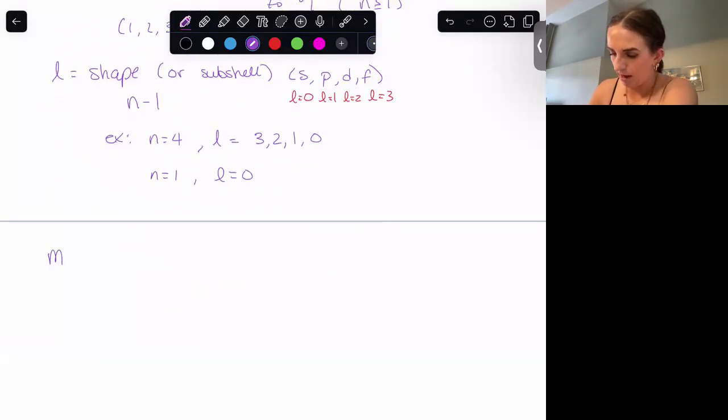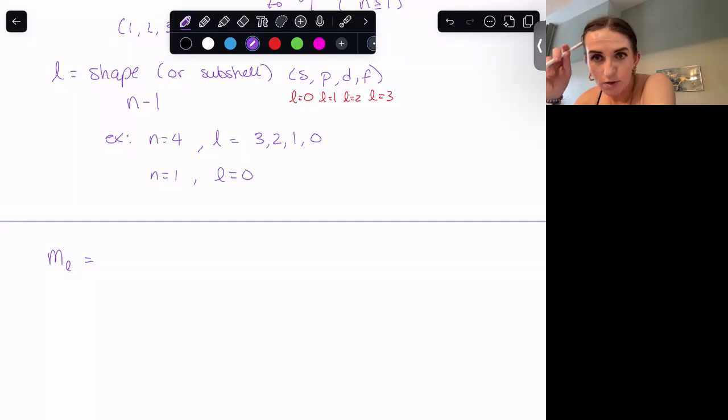Okay. M sub l is equal to, does anyone remember? Does anyone remember? You'll have the equations for wavelength and frequency compared to the speed of light.